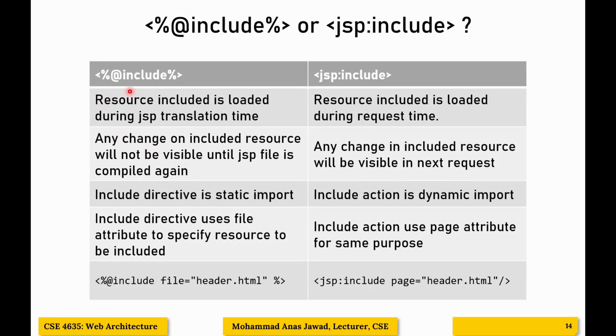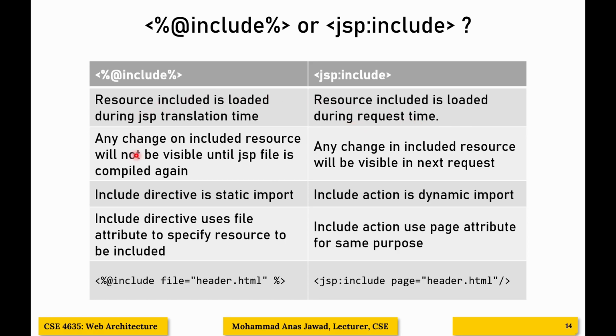In case of the include directive, the included resource is loaded during the JSP translation time. However, in case of the include action tag, the resource is loaded during the request time.